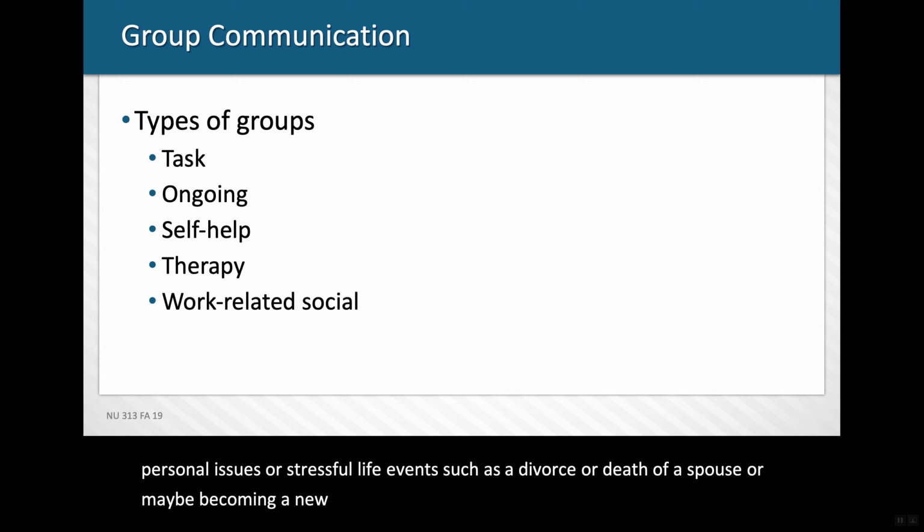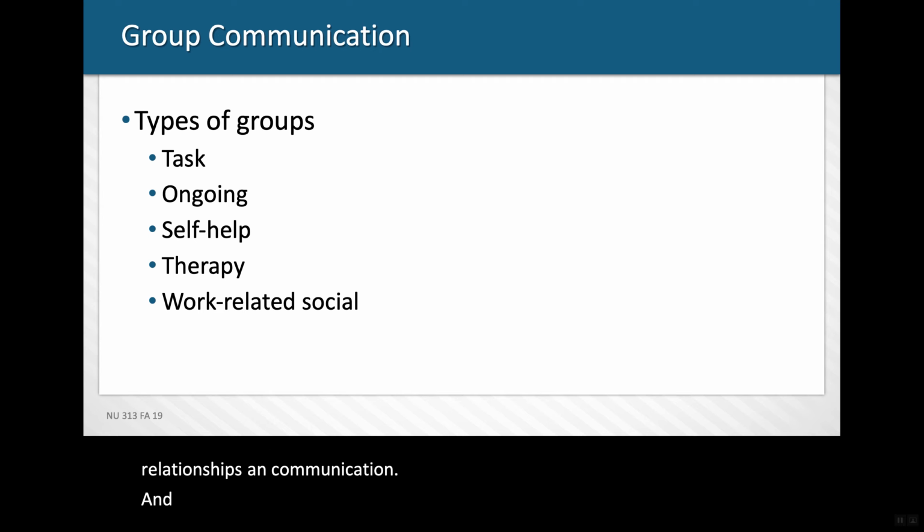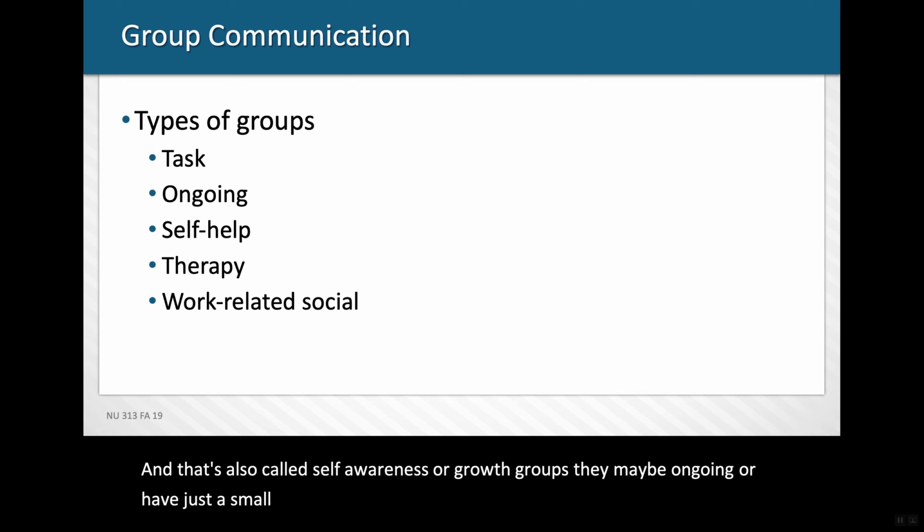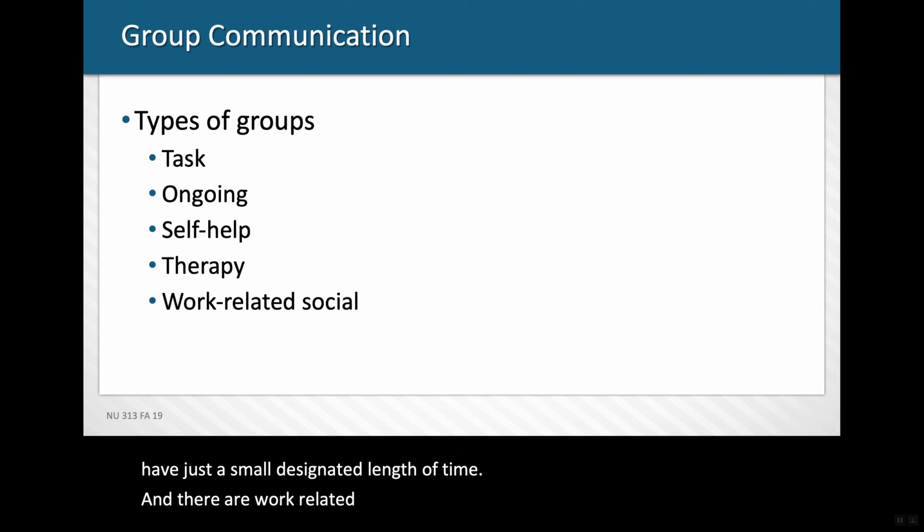Therapy groups can also address ways to improve relationships and communication, and that's also called self-awareness or growth groups. They may be ongoing or have just a small designated length of time. And there are work-related social support groups that help members of professions cope with the stresses associated with work.